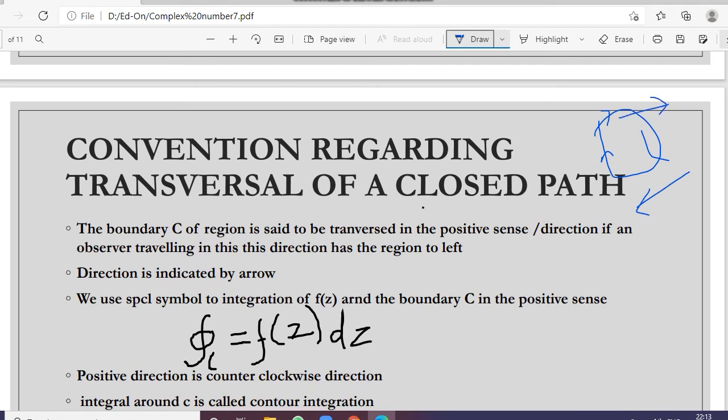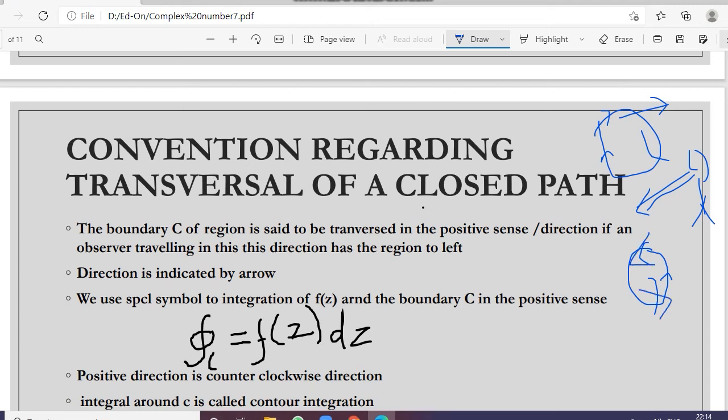If the object moves from here to the left, it is said to have a positive direction. Or you can say, if it has an anti-clockwise movement, then it is said to be in the positive direction. Direction is always indicated by an arrow, either anti-clockwise or clockwise.